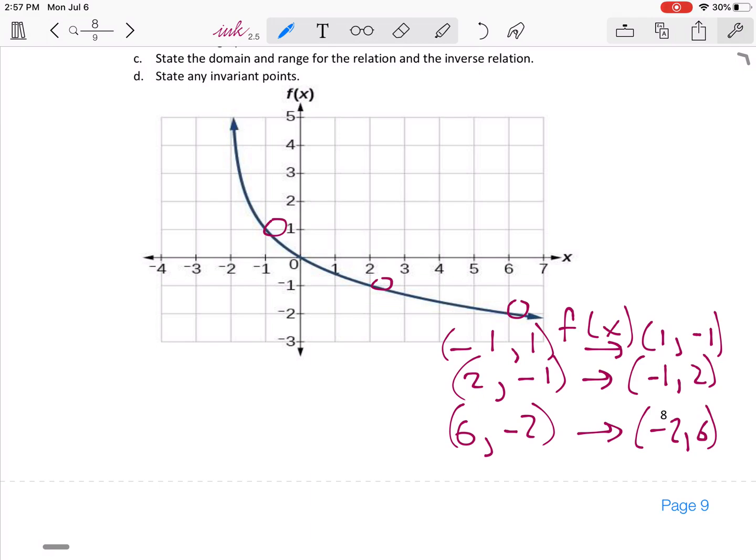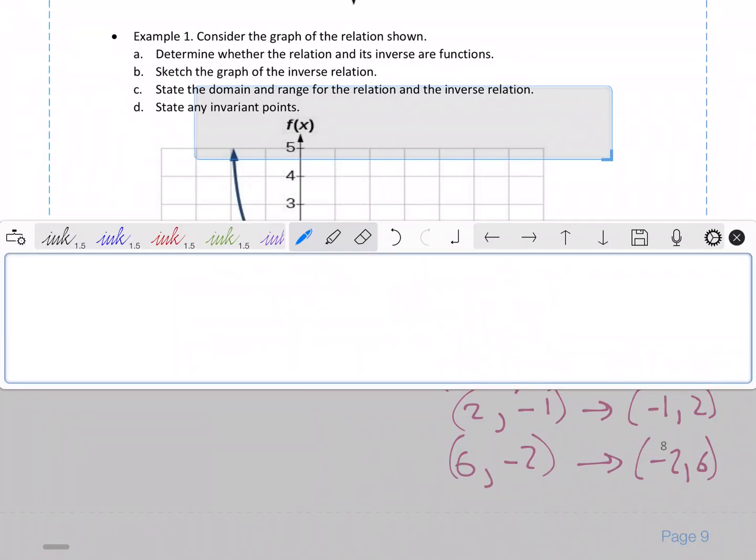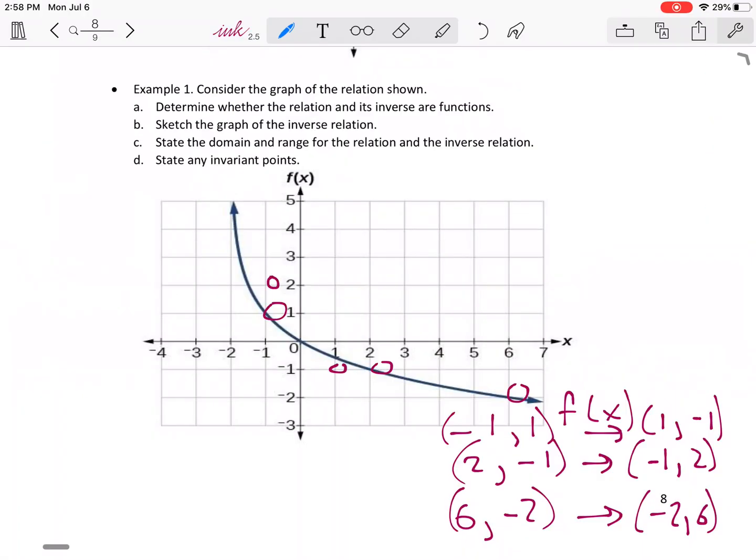So (1, negative 1) would be right here. And then we've got (negative 1, 2). And then (negative 2, 6) would be around here somewhere.